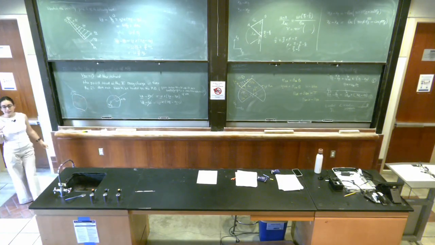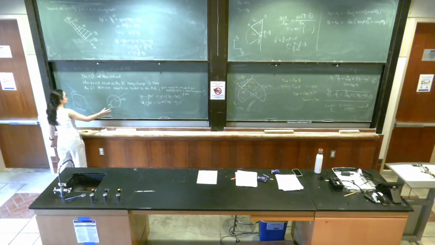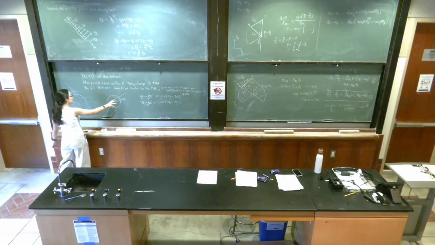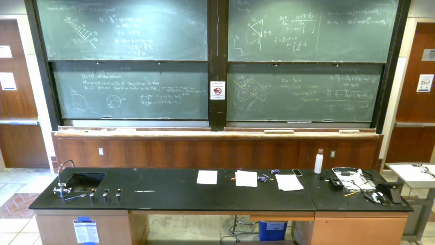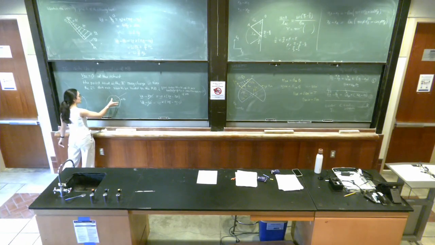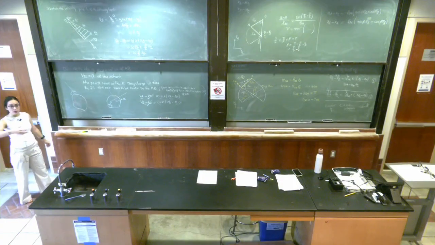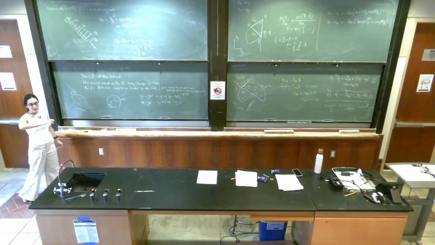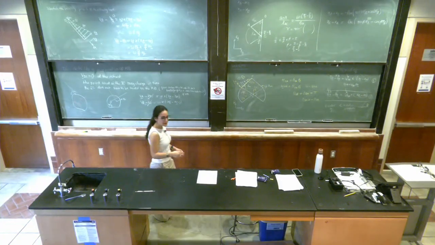So at this instant, you can look at this body as rotating about this instantaneous center of rotation. But this point is not fixed. At a different instant, the location of the instantaneous center of rotation can move. Does that kind of make sense?